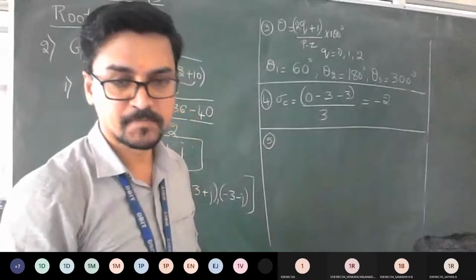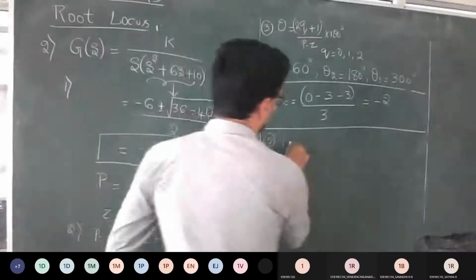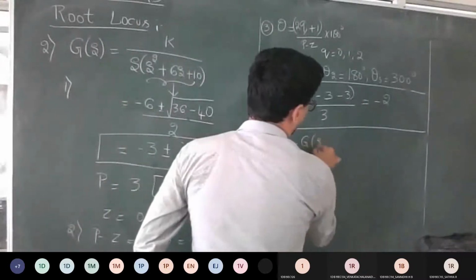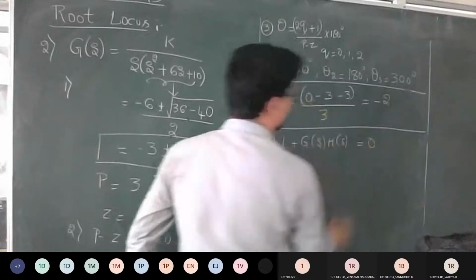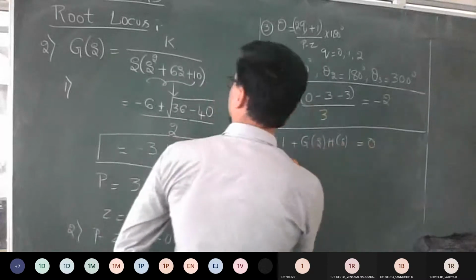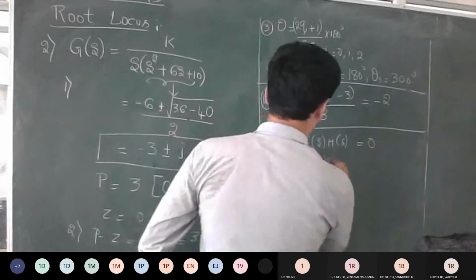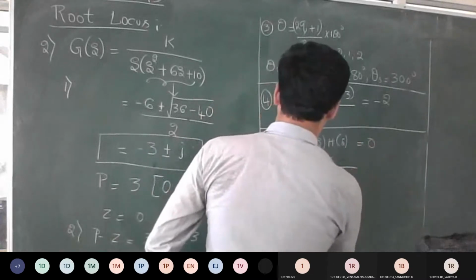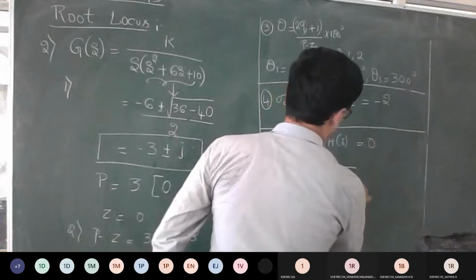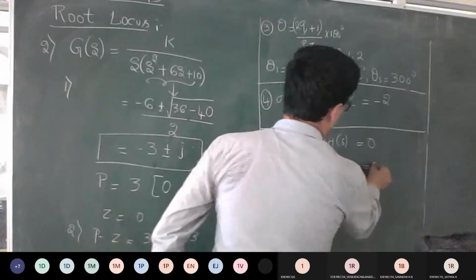Step number 5, breakaway point. Apply the logic of 1 plus G(s)H(s) equal to 0. Substitute the values given and tell me the equation. K divided by s into s square plus 6s plus 10 equal to 0.